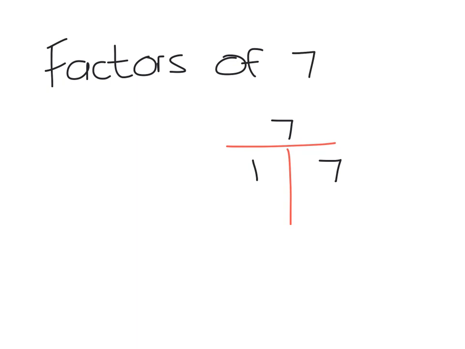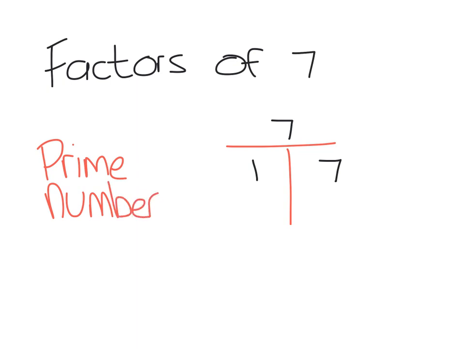That means that 7 is what we call a prime number. And a prime number only has 2 factors. And those 2 factors are always 1 and itself. So 7 is a prime number because the only 2 factors it's got are 1 and 7.